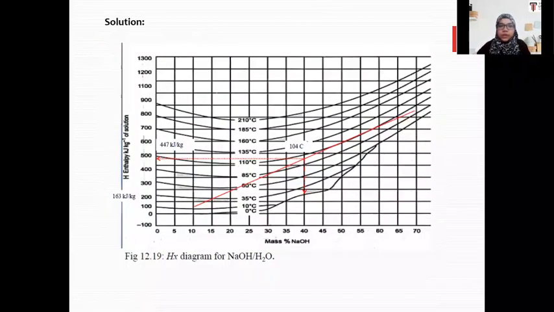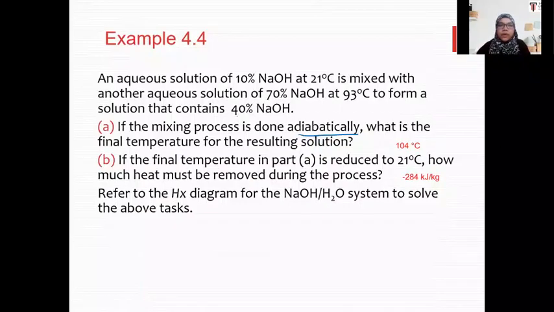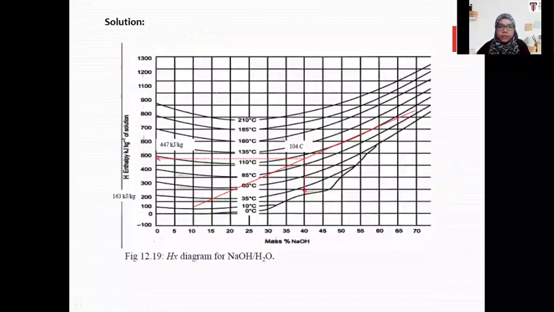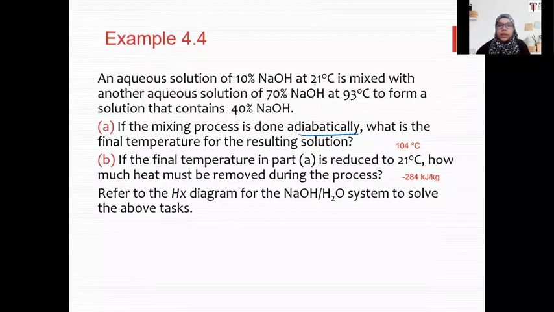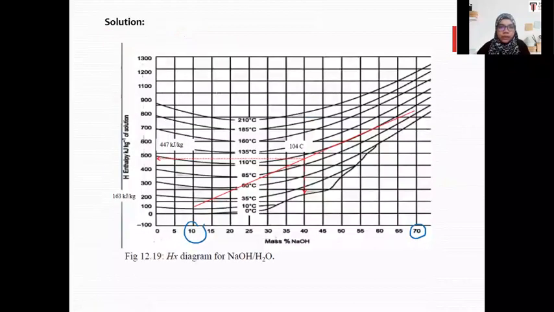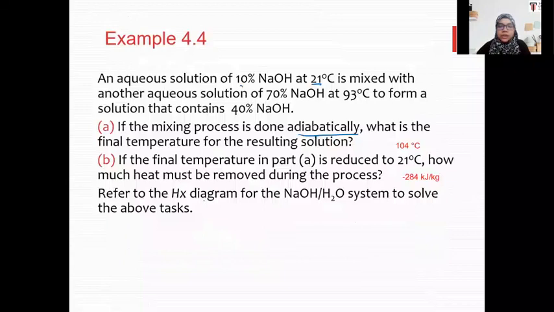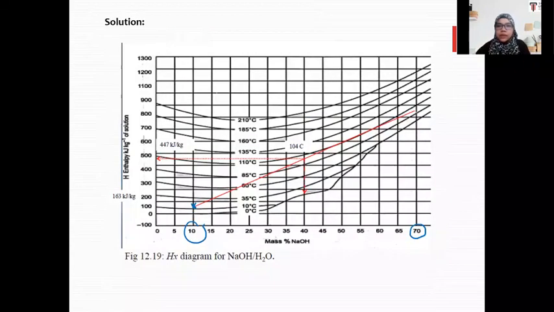So you may refer to this diagram. We have 10% and 70%. The 10% is at 21 degrees Celsius, so this is the point, and the 70% is at 93 degrees Celsius, so this is the other point.